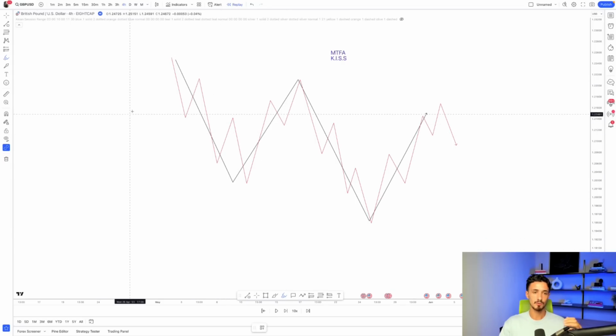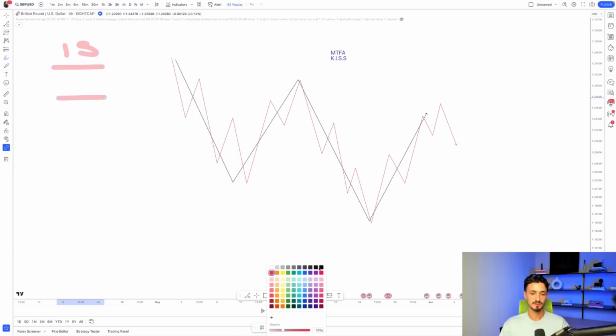Well, for this example, you can see that we have red and we have black. So we're going to go with red as our 15-minute time frame, and we're going to go with black as our 4-hour time frame.